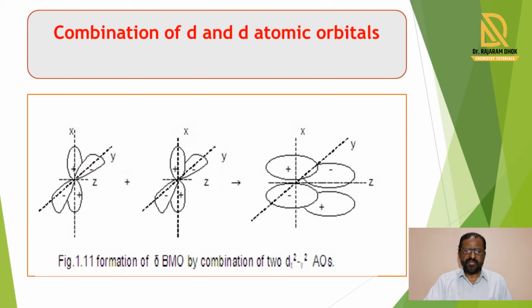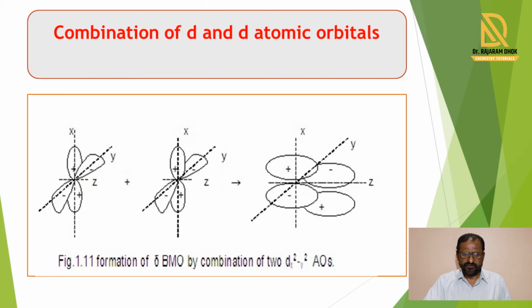So when these 10 molecular orbitals are formed, then symmetry is also considerable, and so only matching symmetry d orbitals of one atom and d orbitals of the other atom combine with each other linearly, and there is formation of a bond, and that bond is called a delta bond.